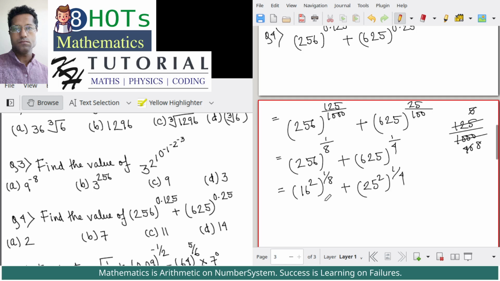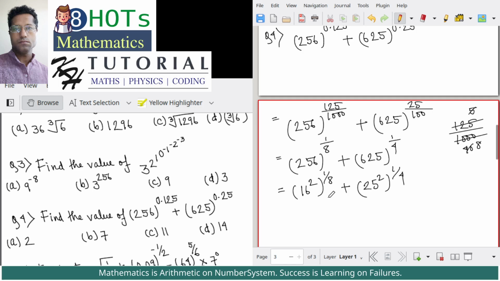Now at this stage, you can see, if the 16 square whole is raised to the power 1 by 8, the two powers, that is 2 and 1 by 8, will get multiplied, but it will not be an integer. 2 multiplied by 1 by 8 is 1 by 4. Since you can see all the choices, the values are integers, so definitely both the two exponential terms have to be some integer.